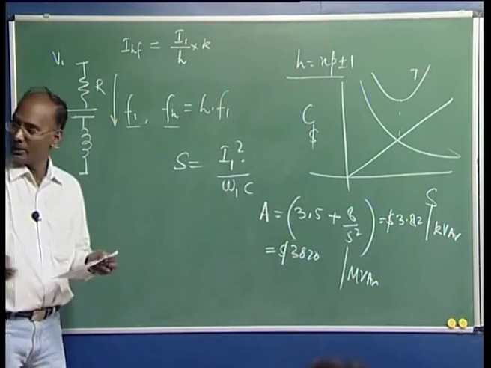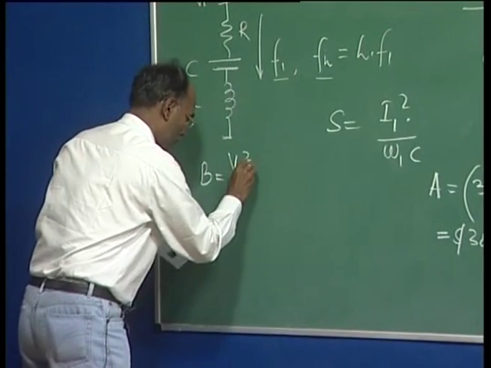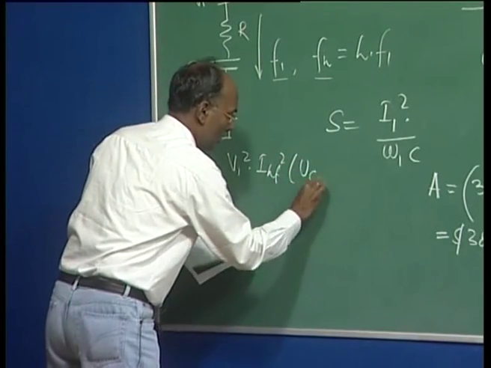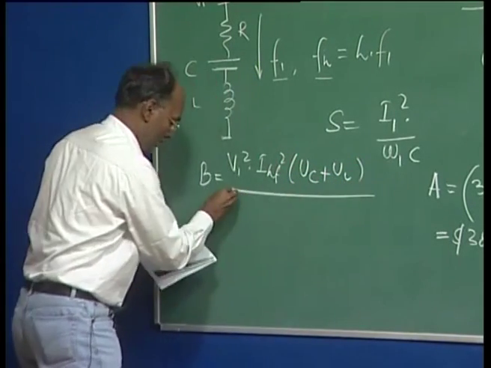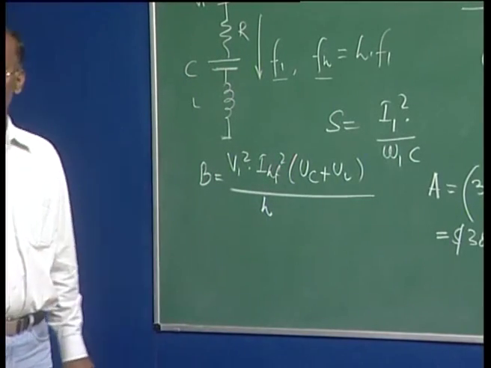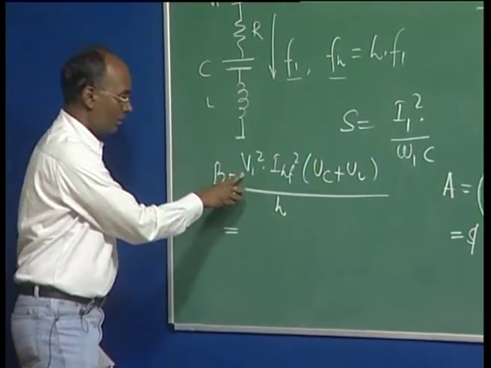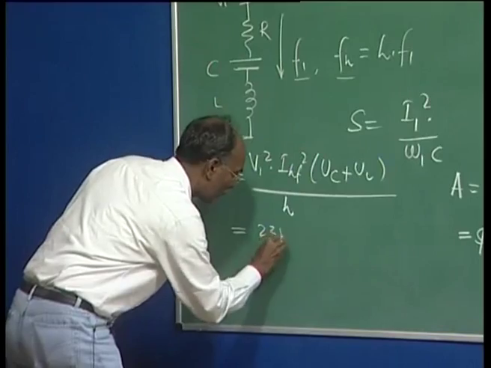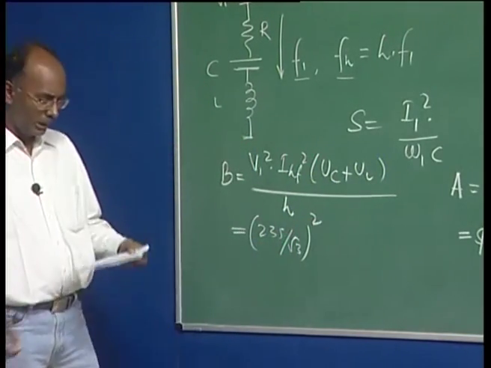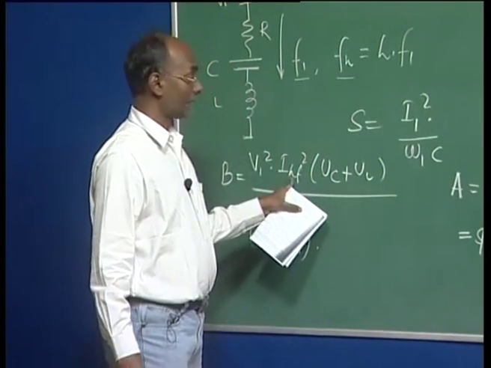Now, your B value here, we can take from here: V is your V1 square into your IHF square, UC plus UL divided by your H. Now, this value we can put, 235 by root 3 squared into your IHF.